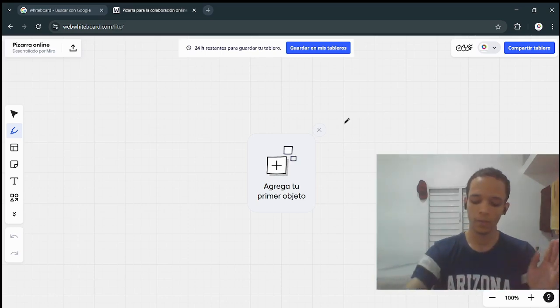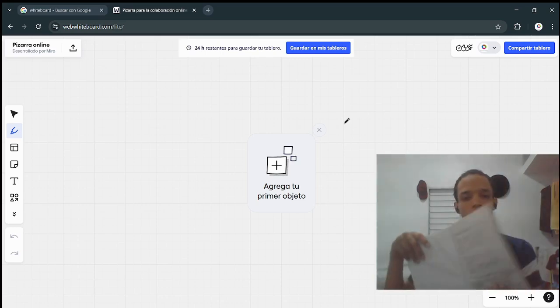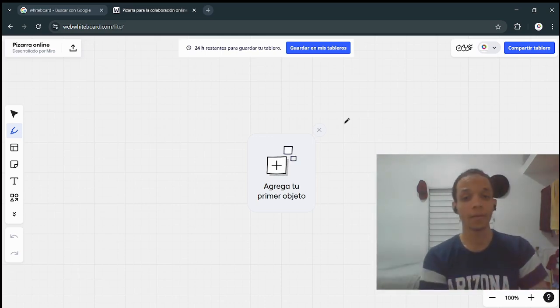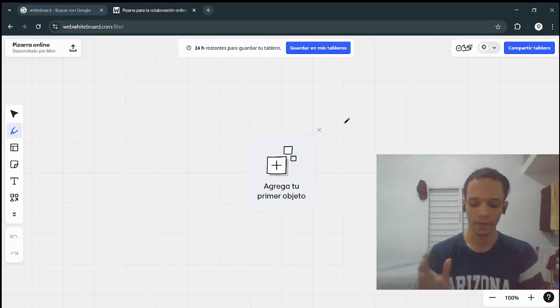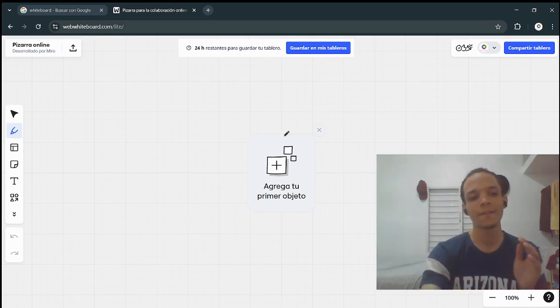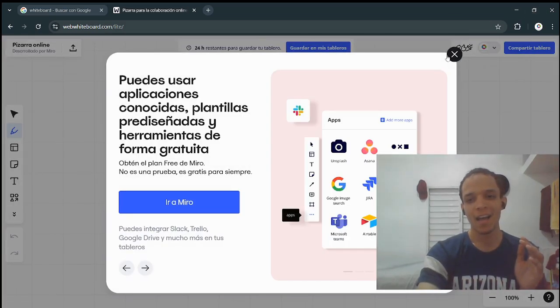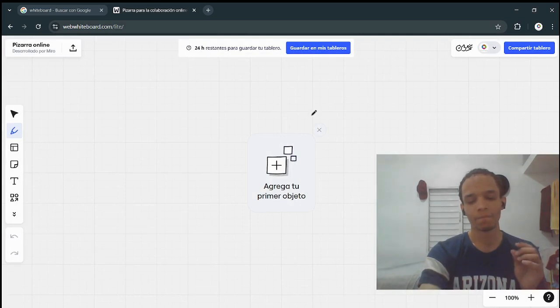Okay, I have it here on my notebook. If you can see it, I'm going to write it down for you to understand each part of it. First things first, we have to understand a kind of diagram.